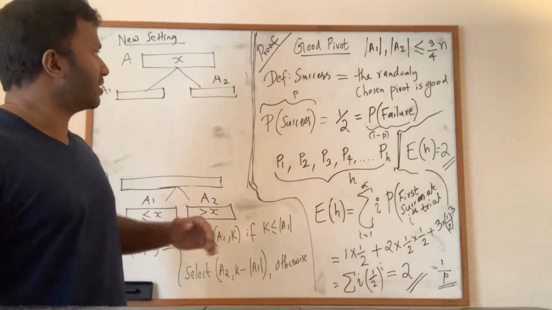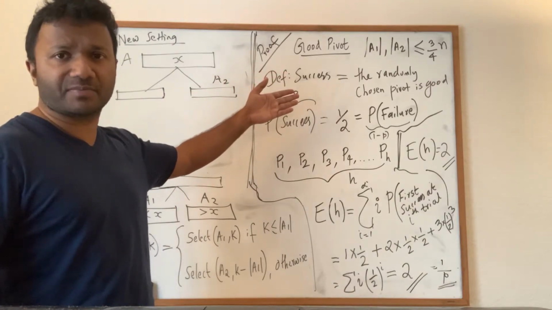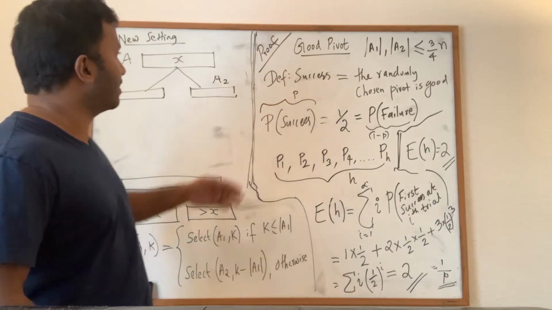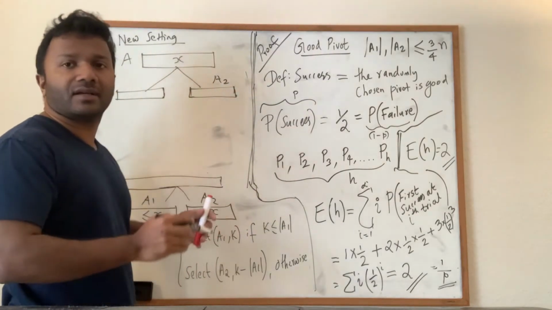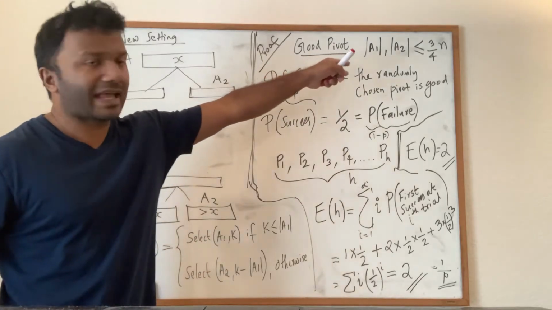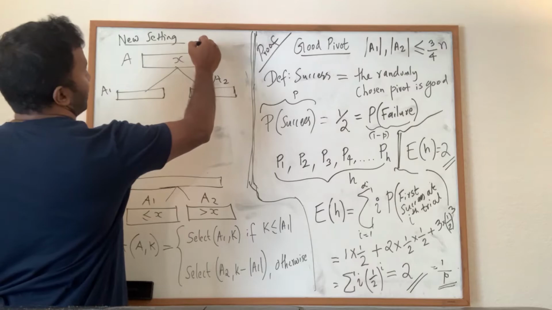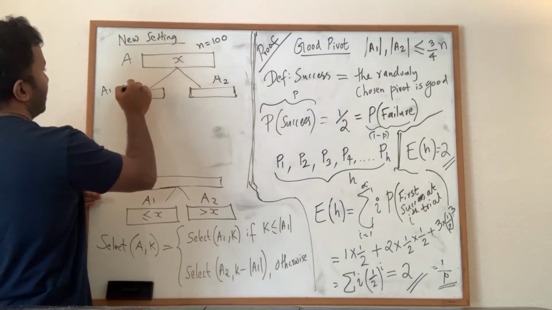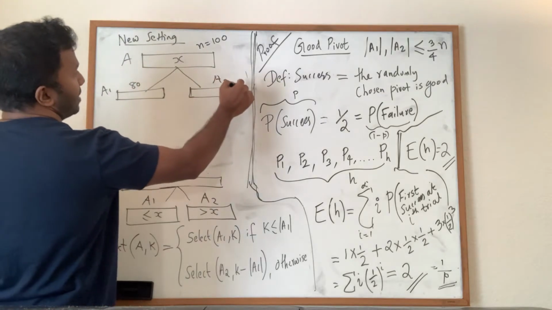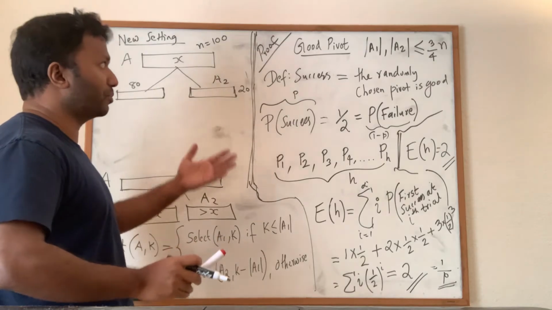If it is a good pivot, then I announce success the same way as before. On the other hand, if it is not a good pivot, that means the sizes are not as balanced as I wanted. For example, suppose n is equal to 100. If it is 80 and 20, that means it is not balanced. So not a good pivot.